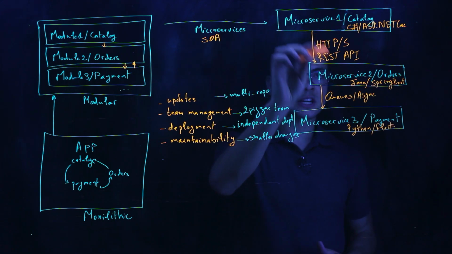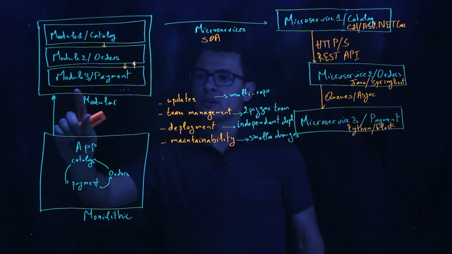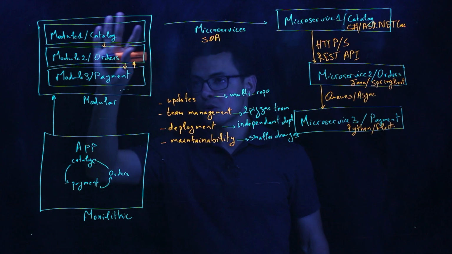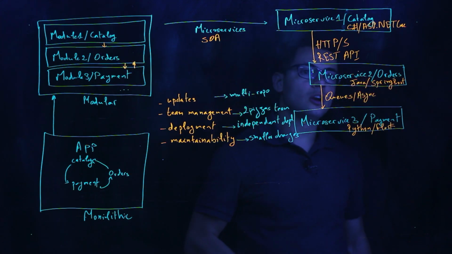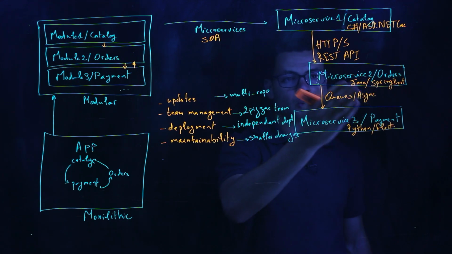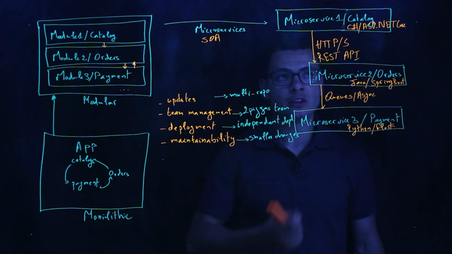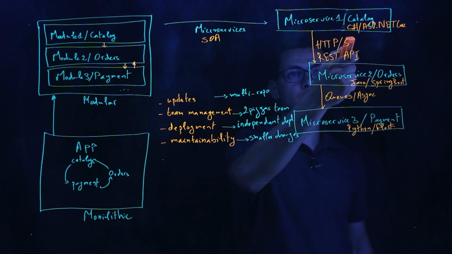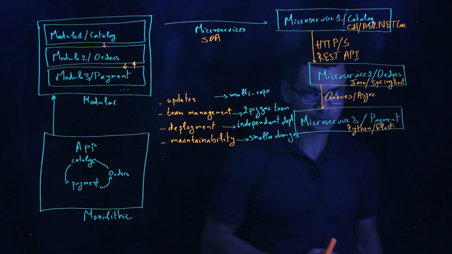We don't have constraints of using one and only one programming language and framework for the entire application. If it would be better to implement the orders module, microservice 2, using Java, then I should use Java. Why be forced to use C# or Python or another language?